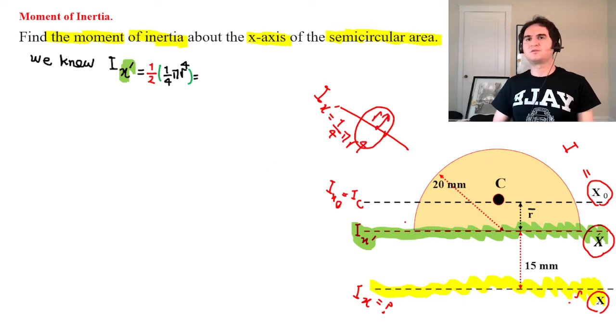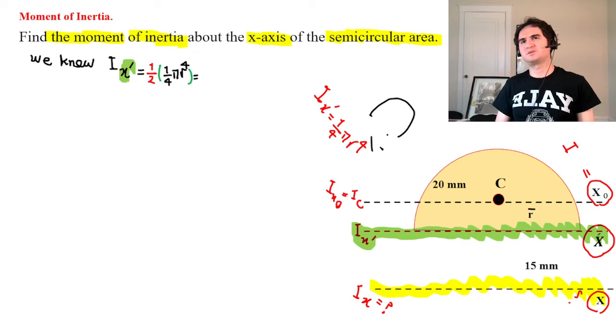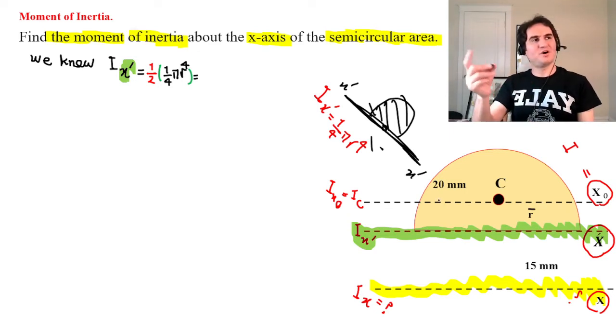So we have the same problem, but this time forget about half of the area. So that's just for half of the area, again about the x prime axis. Isn't that similar to our case? And that's half of 1/4 of pi r to the power of 4.